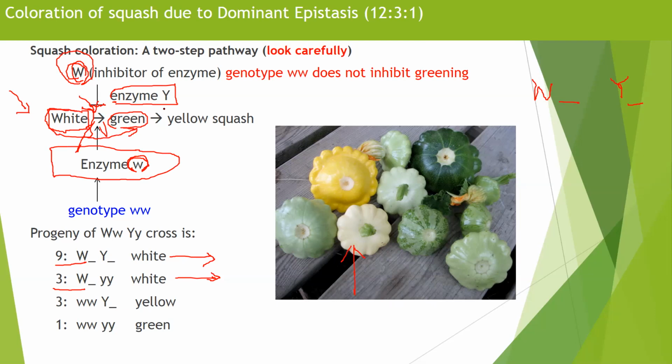Now, if this is the case, then this Y gene will start to work on this case, right? Now we have capital Y and the lowercase y. If it is a capital Y, then this enzyme will continue transforming this green stuff into the yellow.